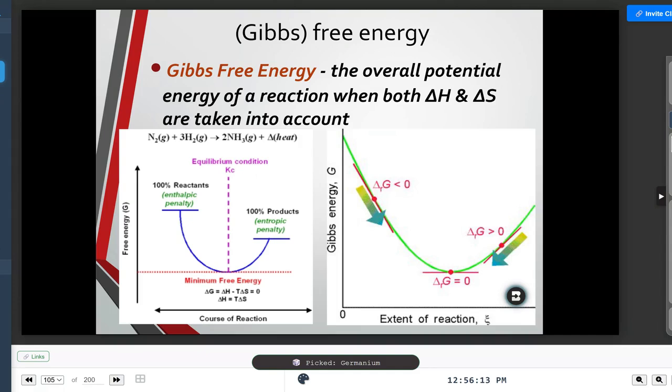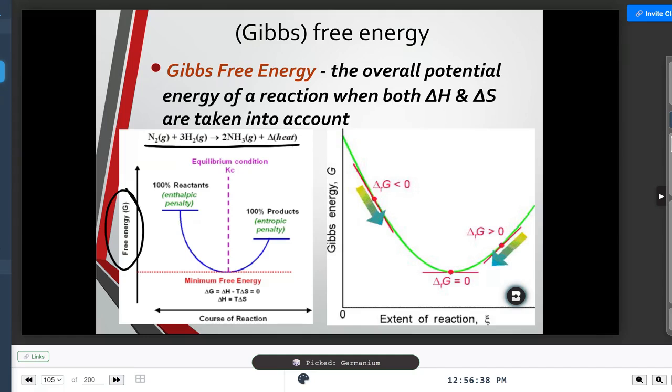So in this case, we're looking at a reaction that is giving off heat. And in this graph on the left, nitrogen and hydrogen are coming together to make ammonia, and it is becoming more stable, right? Because it has a little bit of energy that's given off. And so it's going from a higher potential energy state to a lower potential energy state.